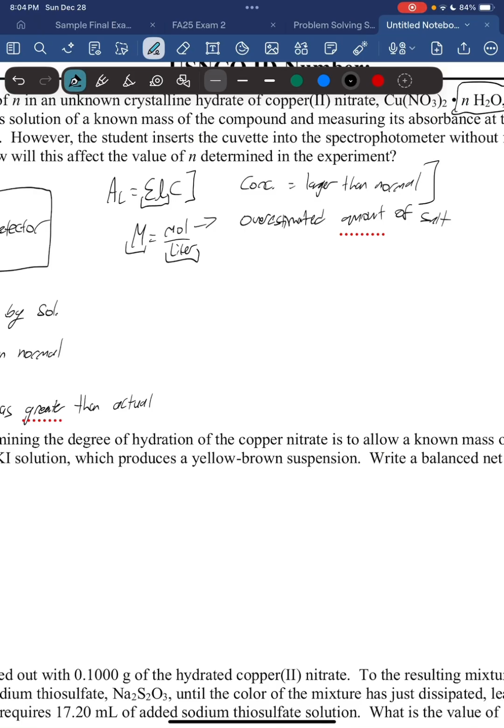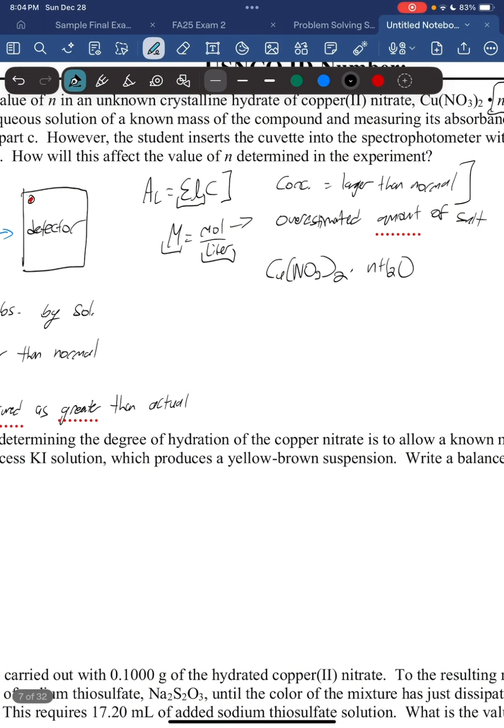So that means we have more moles of CuNO3 to N H2O. What this means is that we can now determine from molar mass if our amount of H2O is higher or lower than what it actually should be. So remember, molar mass is nothing but your total mass over the amount of moles.